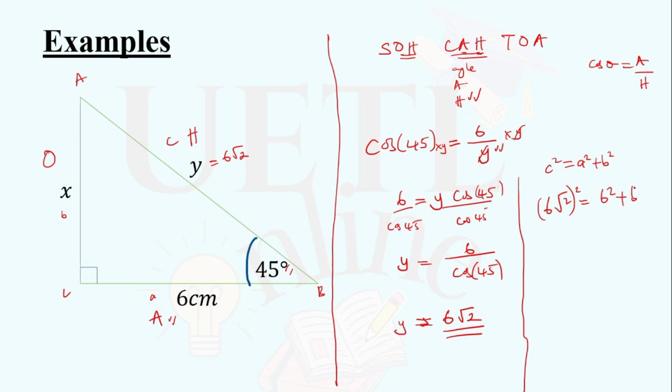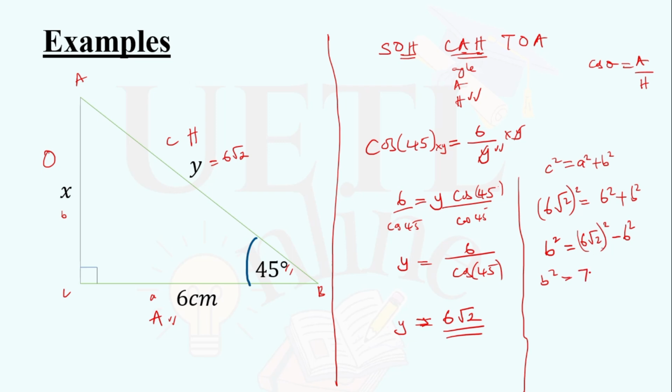B squared is what we want to find, so we put B squared on this side, and it becomes 6 root 2 squared minus 6 squared. In this case, we find that it's 72.